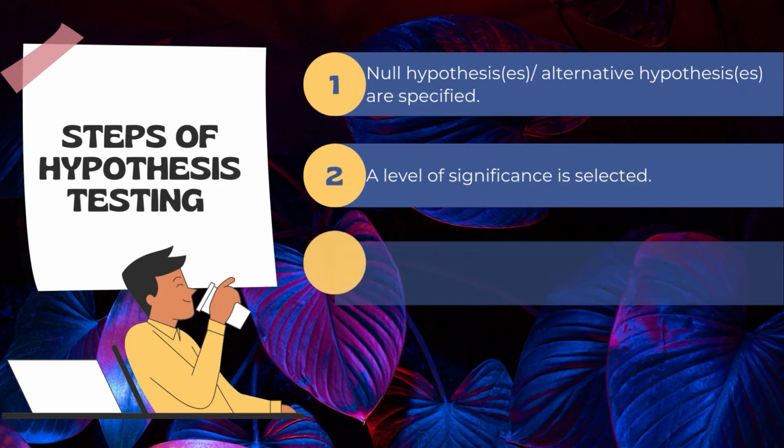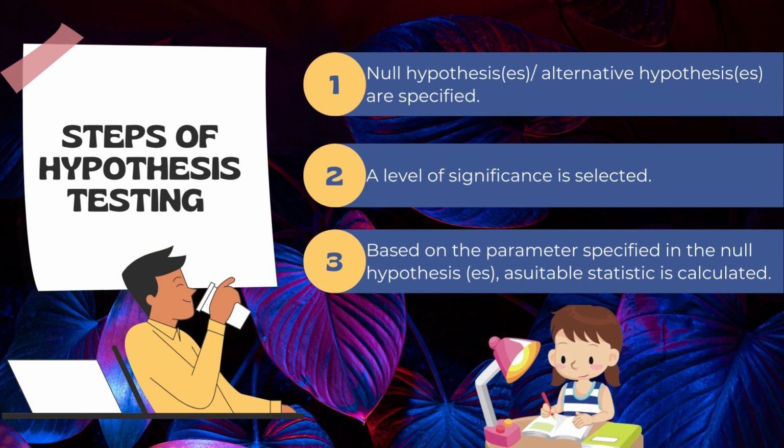When it is decided what level of significance is being taken up, the third step comes. Based on the parameter specified in the null hypothesis, like what population has been taken and how the data will be taken from the representative sample, once the parameter has been decided and the data collected on the sample, suitable statistics are applied.